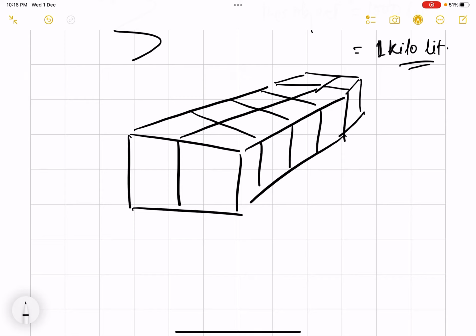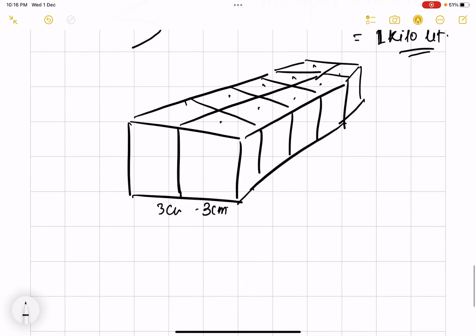So imagine there are 10 cubes, 1, 2, 3, 4, 5, 6, 7, 8, 9, 10. They are arranged like this. The side of each cube is 3 centimeter. So 3 centimeter, 3 centimeter. The question is, what's the total surface area of this structure?